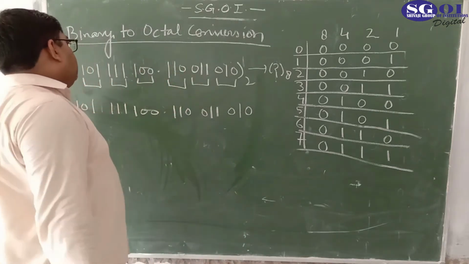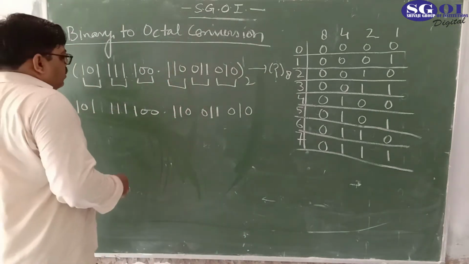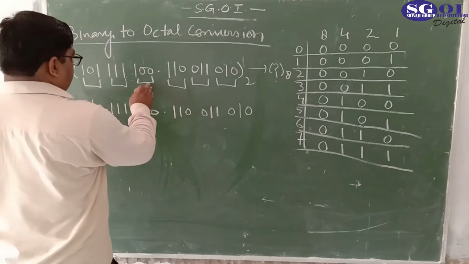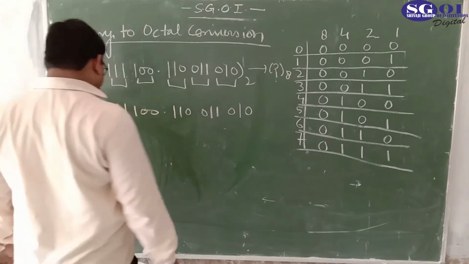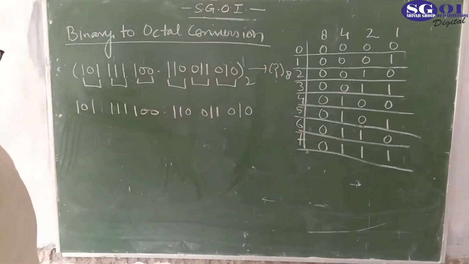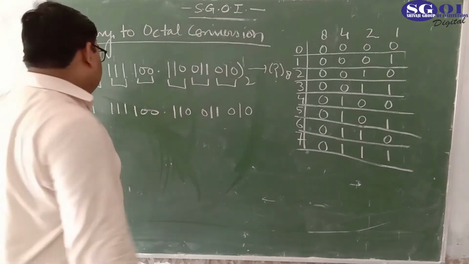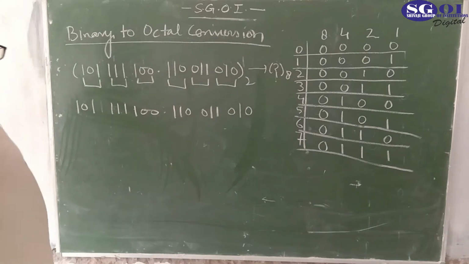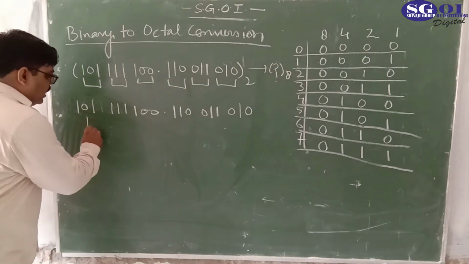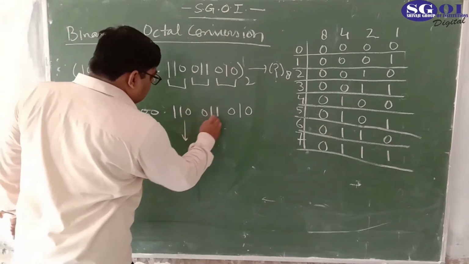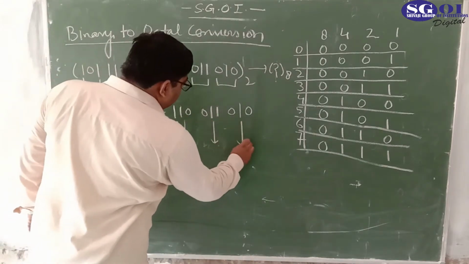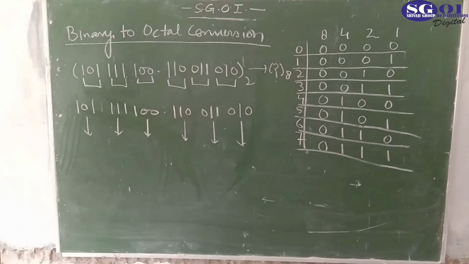In the first part we make the group from here, and in the second part we make the group from here. So we make the 3 groups. After that we see the octal value of these numbers.